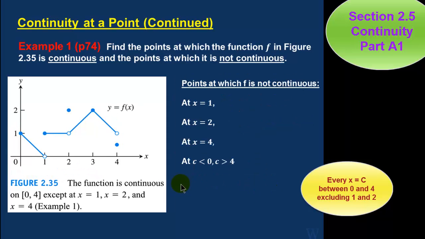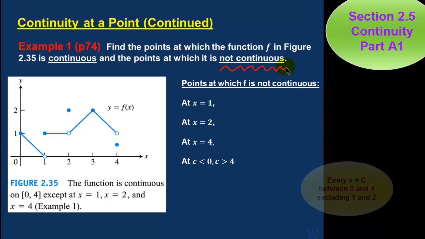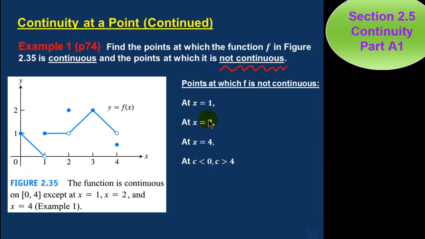On the other hand, if we want to find out where it is not continuous, let's look at these points and find out why. At x equal to 1, what is the limit of f of x as x approaches 1? Well, we already discussed this in class and we said that the limit does not exist. Although we do have a function value, here f of 1 is 1, the limit does not exist.